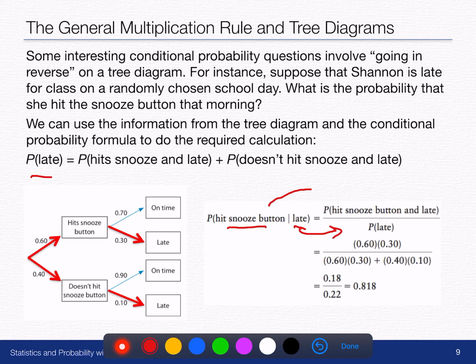The intersection of snooze button and late, the intersection goes on top. So that means hits the snooze button and late, that's this one right here, which is 0.18, all over the probability that they're late. So this one was 0.04. When you add those two together, that's your denominator, because that's the probability of someone being late.